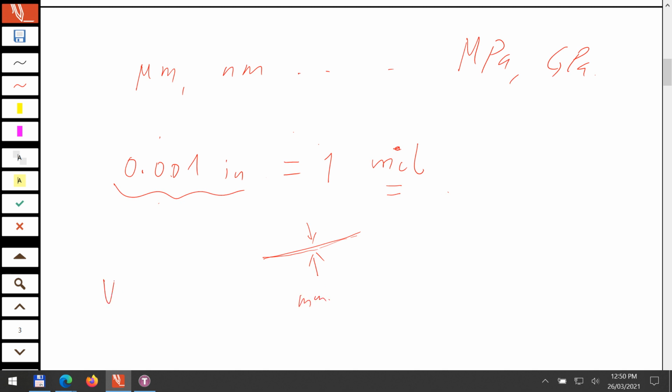But if you are using US customary system, तो US customary system में ये बार बार 10⁻³ लिखना, ठीक है ना, तो उससे अच्छा ये है कि आपको नजर आएगा 1 mil. ठीक है. So 1 mil is simply 10⁻³ inches.